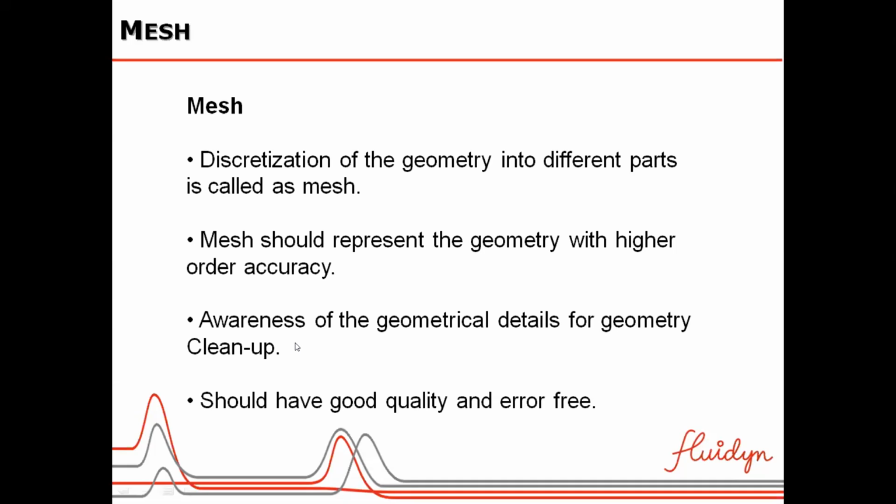Whenever we plan to create a mesh for a particular geometry, we have to sit and study the geometry in a proper way. We have to clean it up in such a fashion that it does not have any trouble or concentrated mesh regions, so that the mesh has a good size with good quality and is error free.